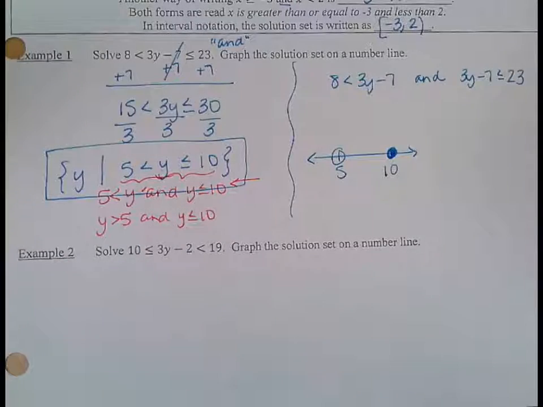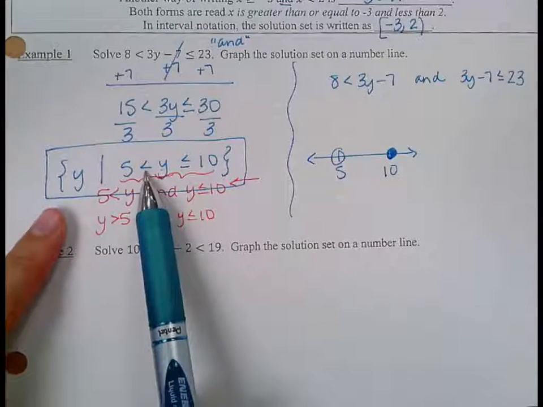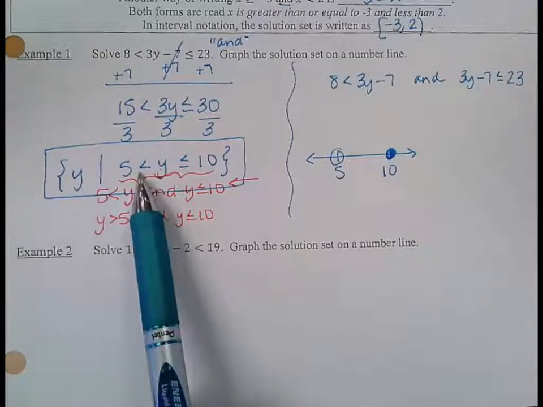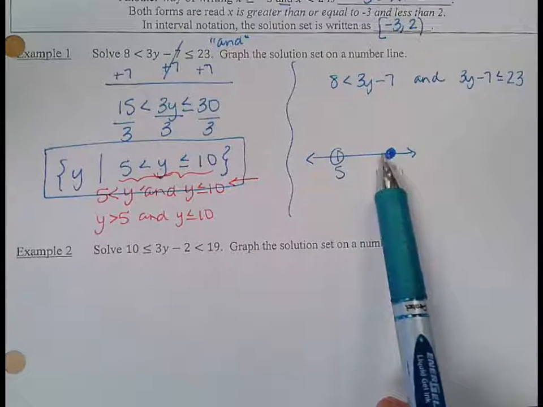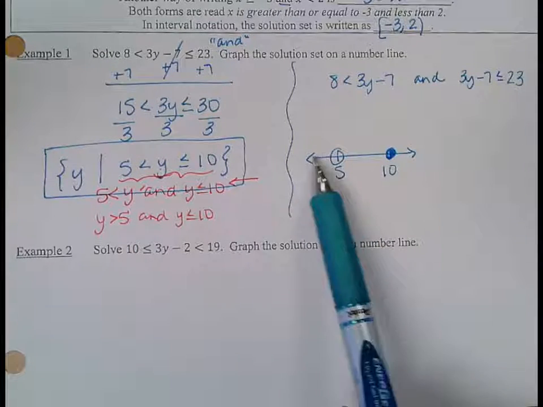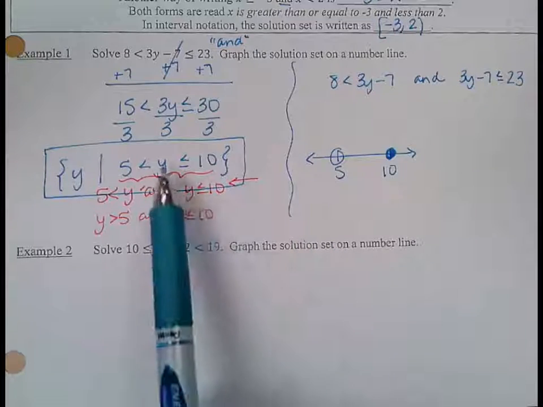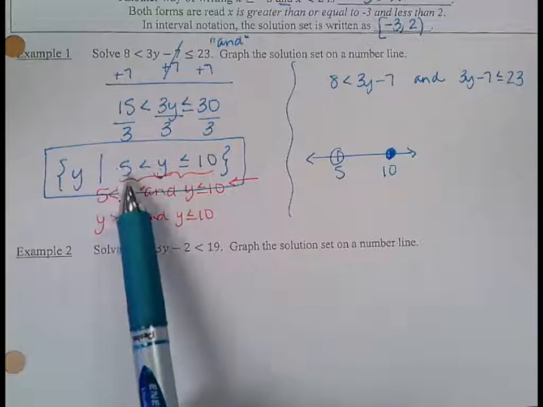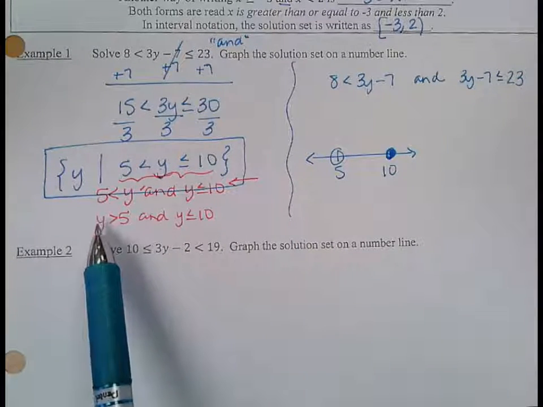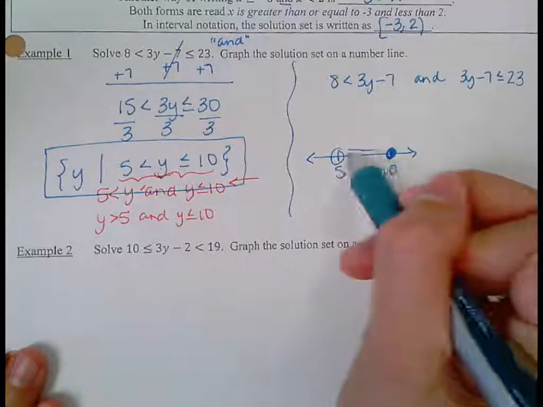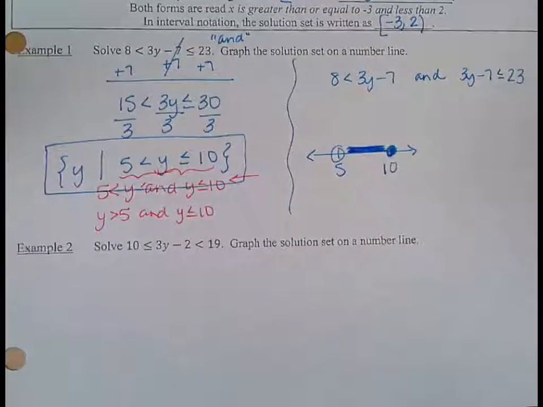But what I see a lot of students do is, because this symbol is less than the way you're looking at it, students like to shade everything to the left. Do not shade over here, because this piece really means how I wrote it here: y is greater than 5. So it's only shaded in between those two values. Circle on 5, dot on 10, shaded in the middle.